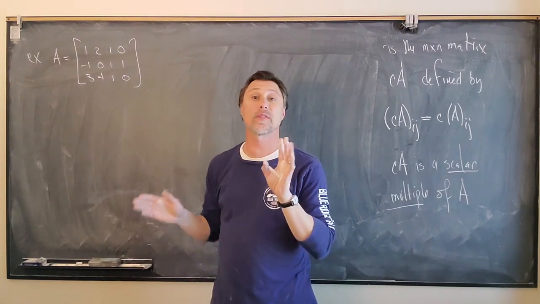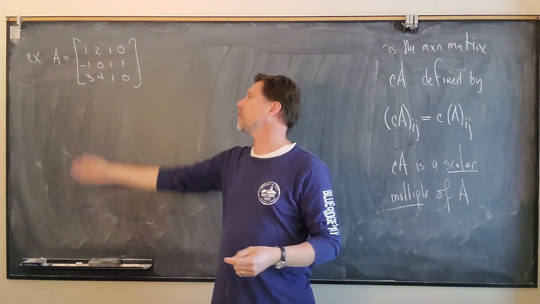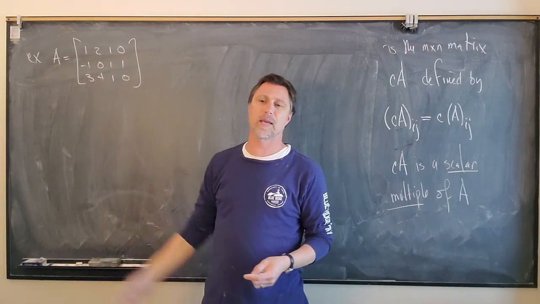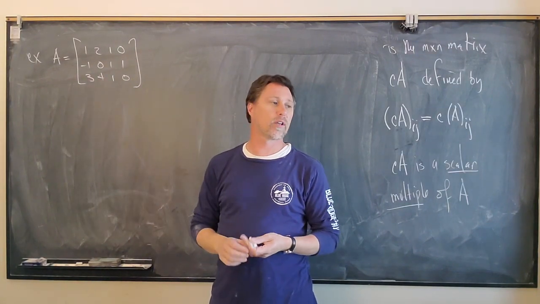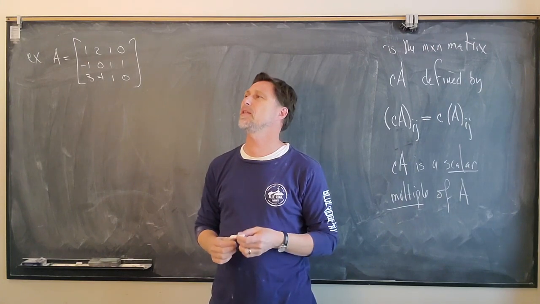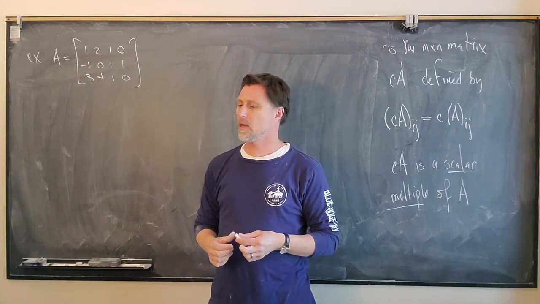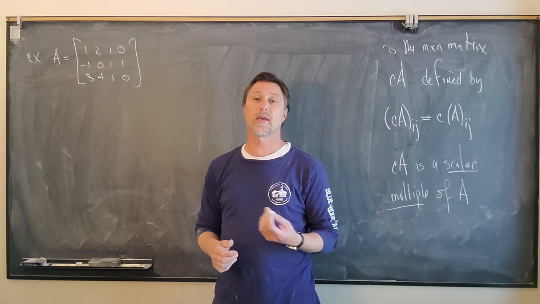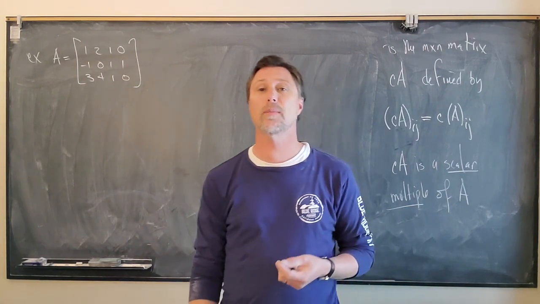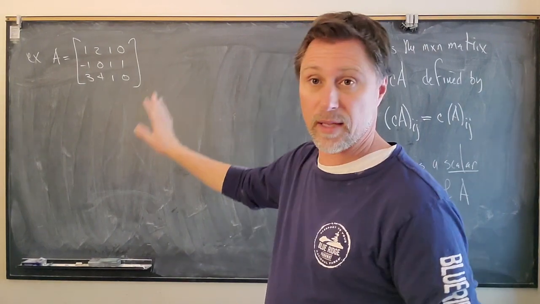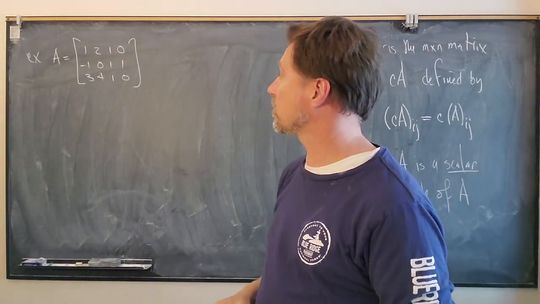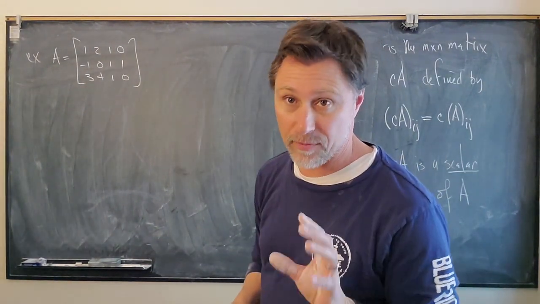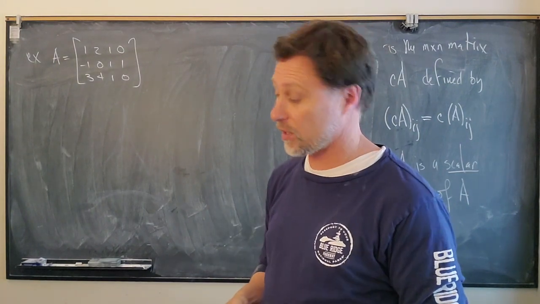There's nothing wrong with having them, but just for ease of doing the examples, I try to avoid fractions. The example I did yesterday, solving the linear system, did end up with answers that had fractions. But for the most part, my examples will just have integers for entries. That doesn't mean that they have to, and in the book, sometimes you're going to see where they definitely don't have integers.